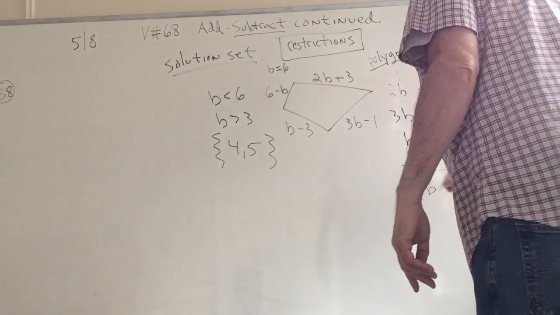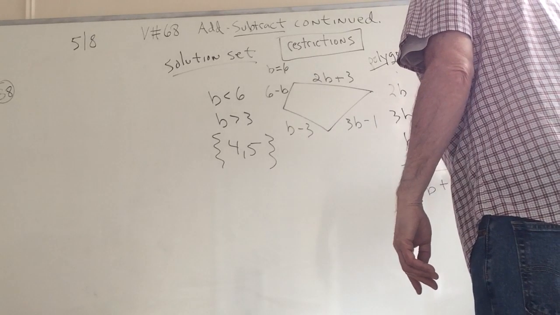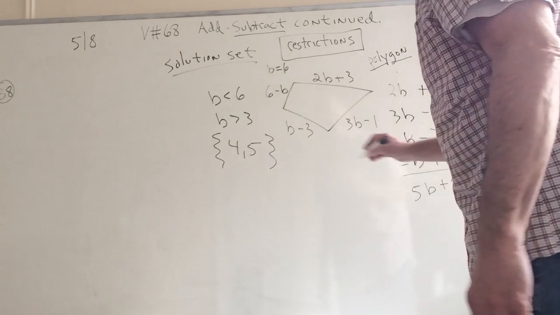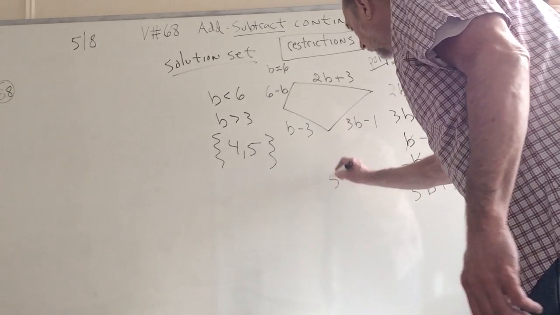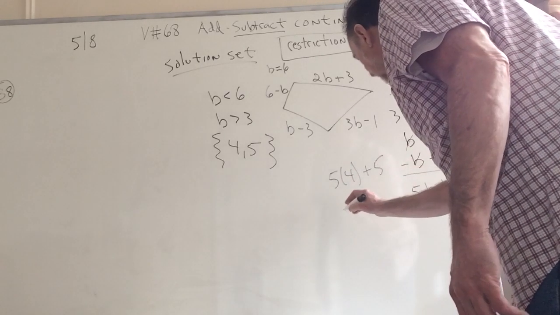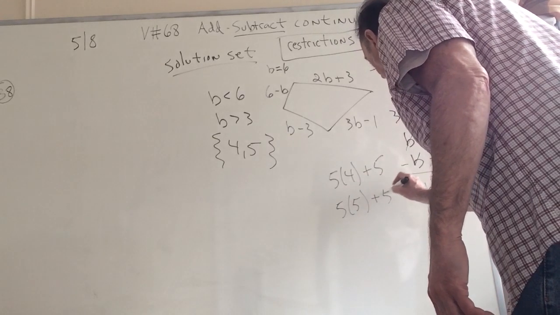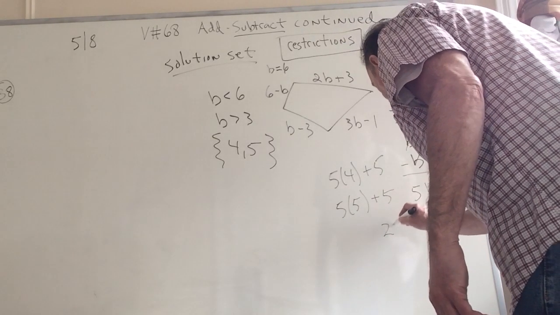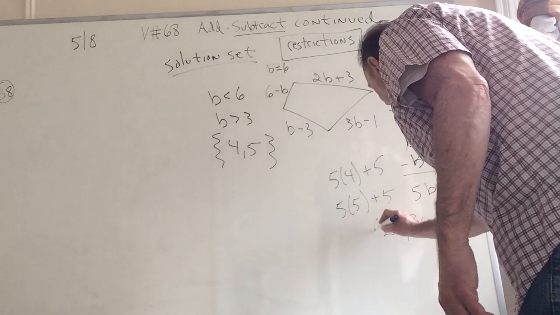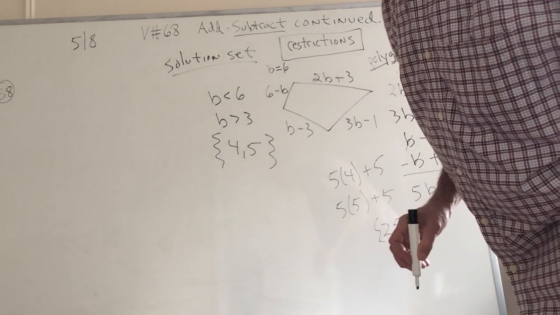I get 5b, and these guys cancel, plus 5, apparently. Okay? So that means there are only two possible perimeters. 5 times 4 plus 5, and 5 times 5 plus 5. So the only two possible perimeters are 25 and 30, if these are the algebraic expressions that we had chosen.